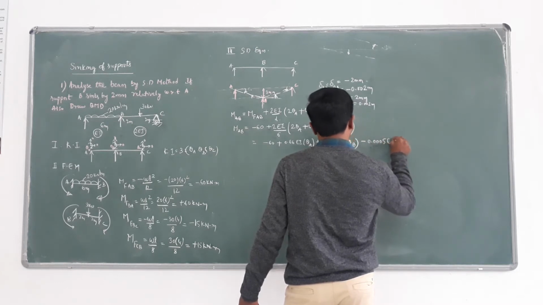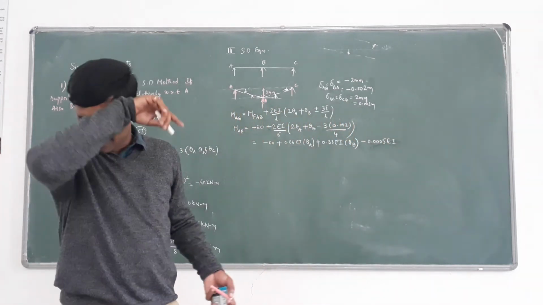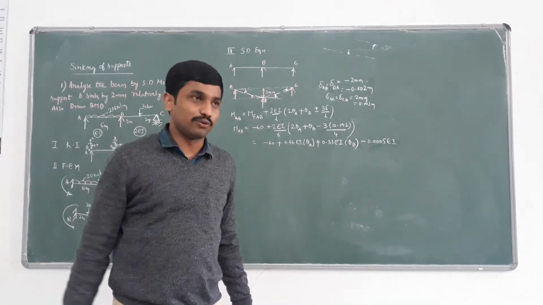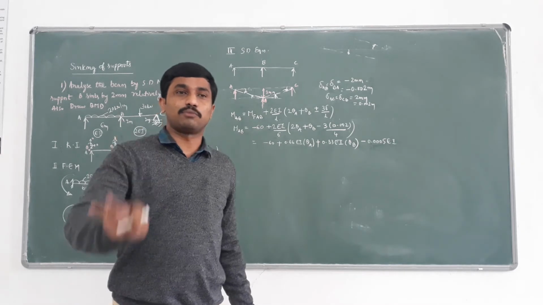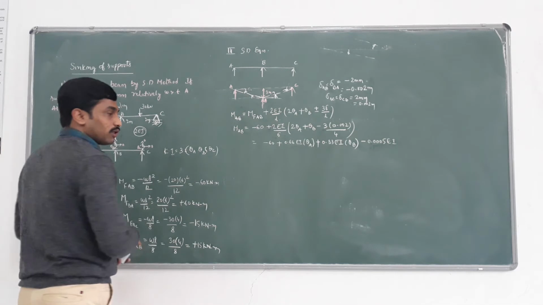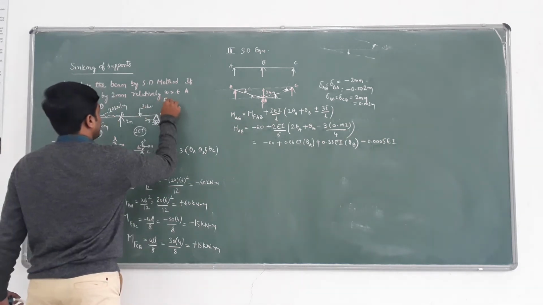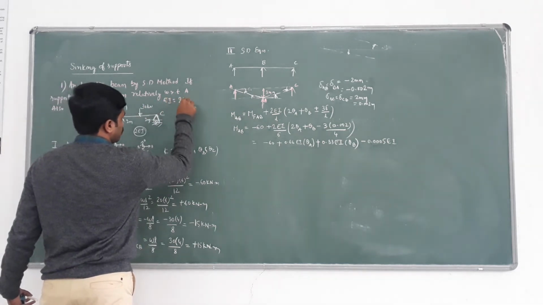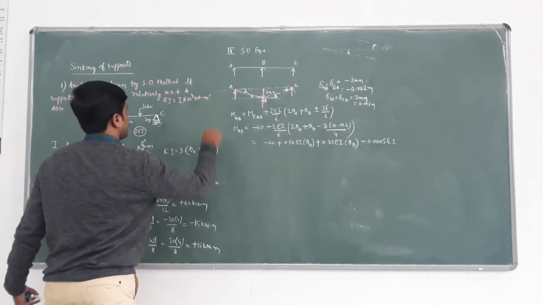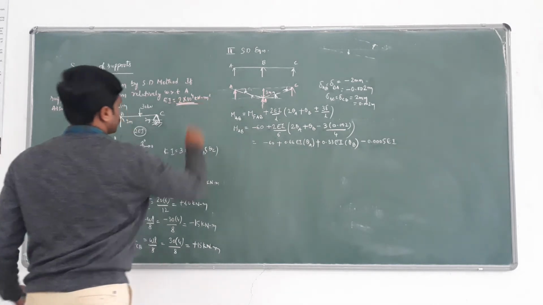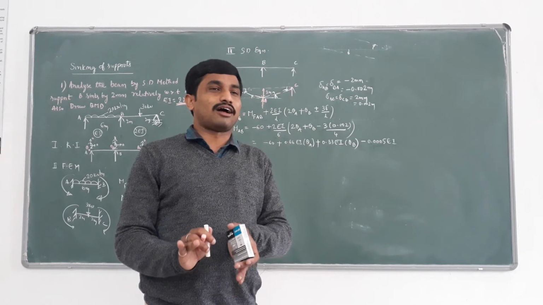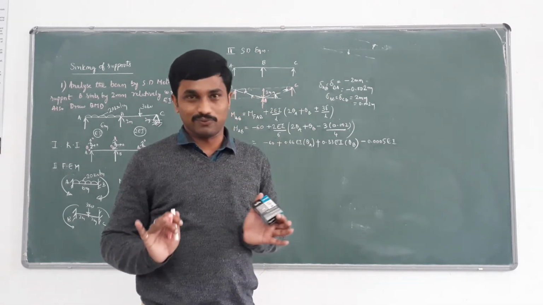0.0005 EI. See, while you are solving sinking support problems, generally they will provide the EI value. So in this problem I will give EI equals 2 into 10 power 4 kilonewton meter square. So generally for a sinking support problem, 100% they will provide the EI value.